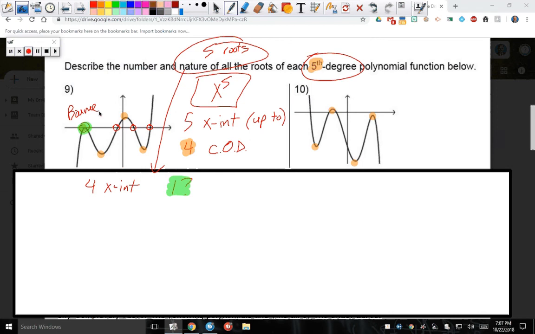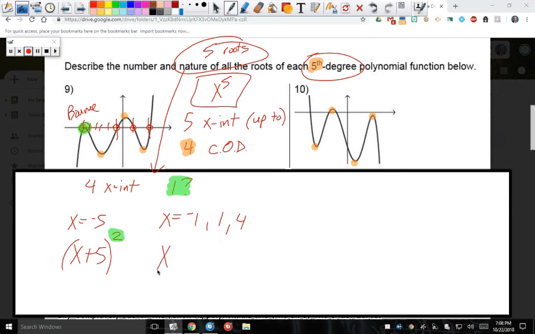So if I were to approximate 1, 2, 3, 4, 5, this double root happening at -5 would look something like this as a factor: x plus 5 with the multiplicity of 2. Remember, if these powers are even numbers, 2, 4, 6, 8, that means it will bounce off of the x-axis.